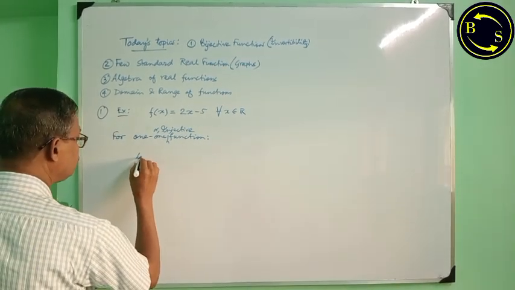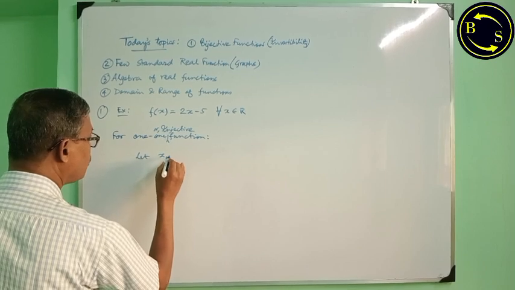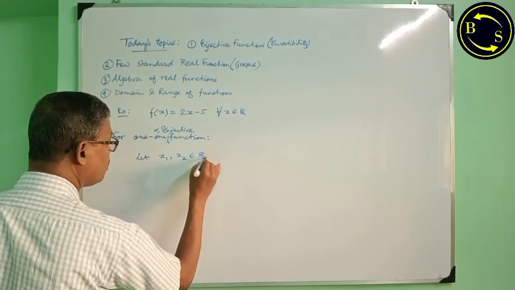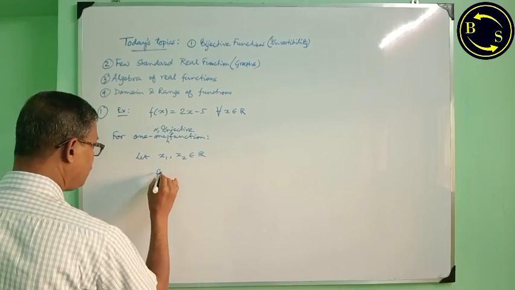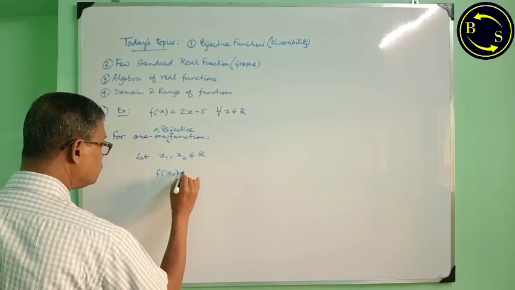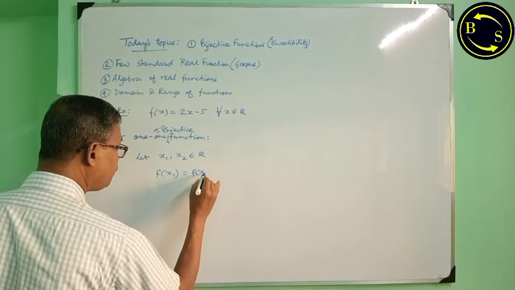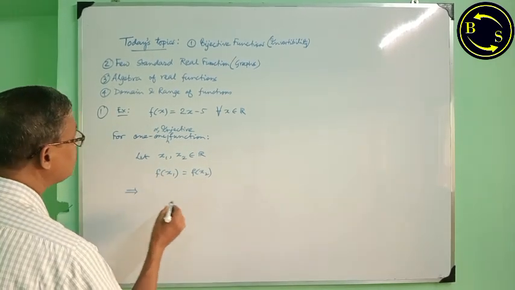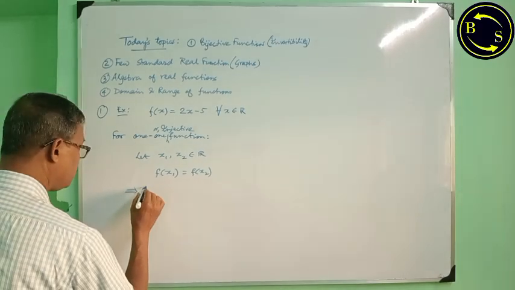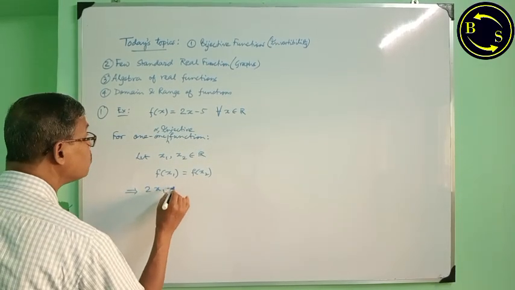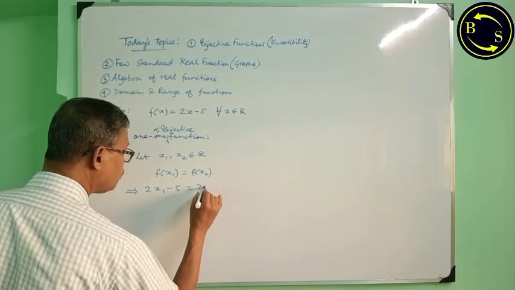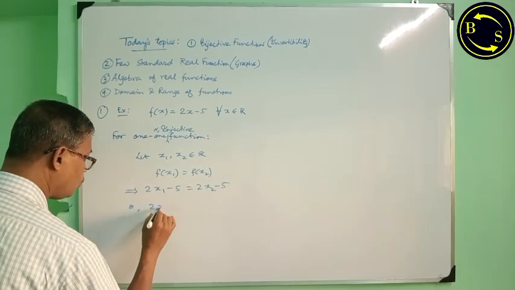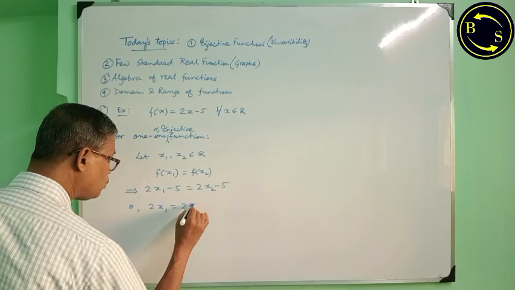Let x1, x2 be any real numbers. If f(x1) equal to f(x2), then 2x1 minus 5 is equal to 2x2 minus 5, or 2x1 equal to 2x2.